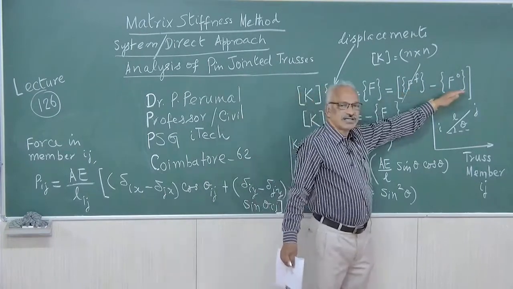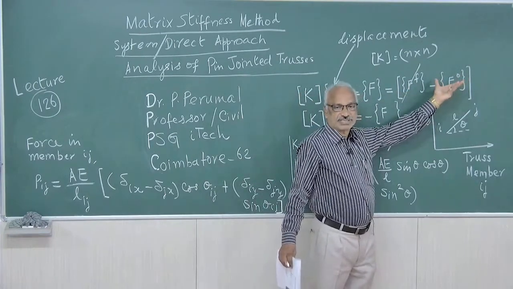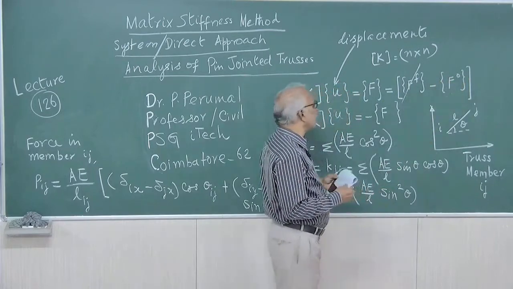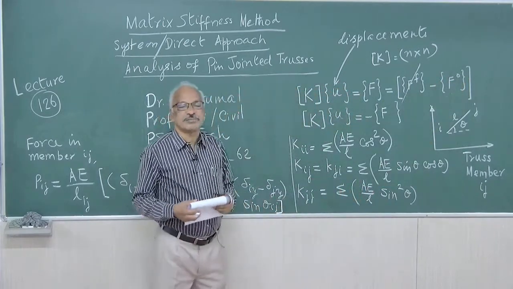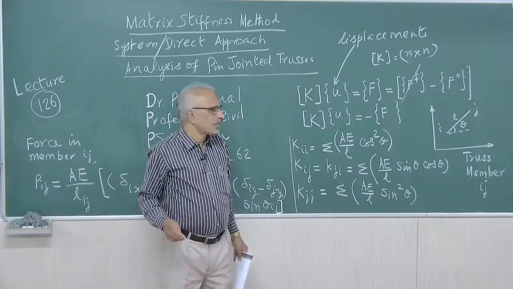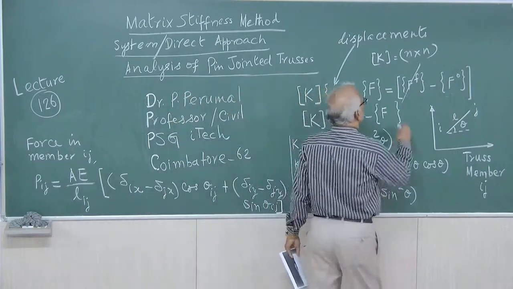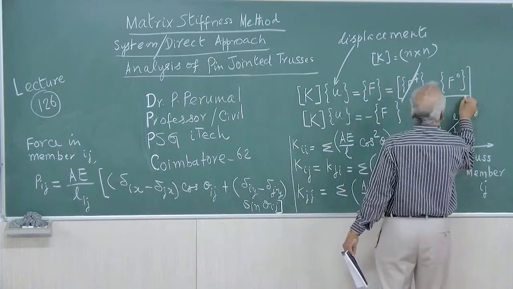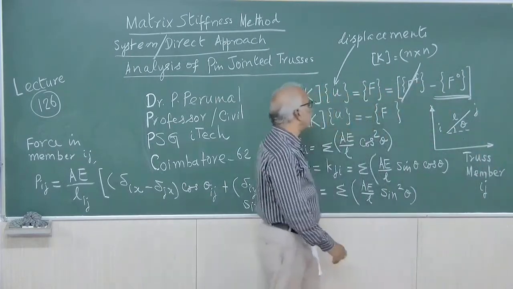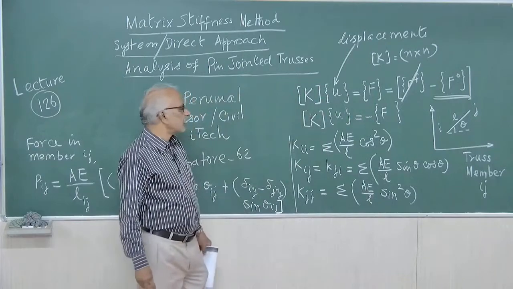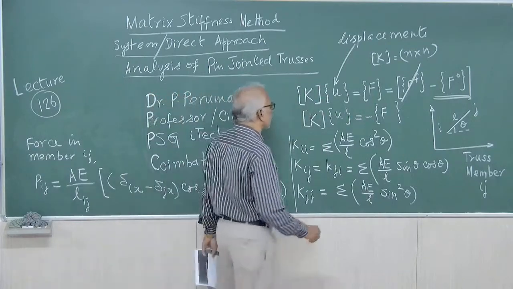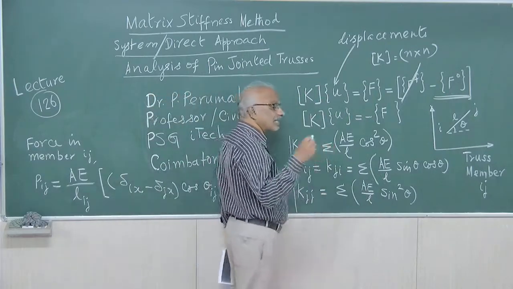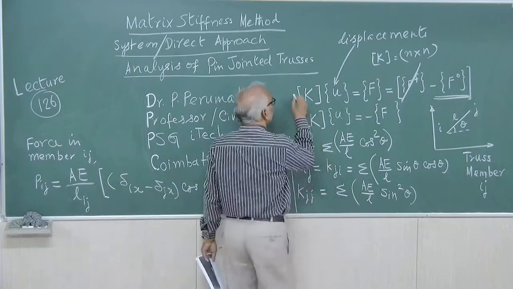F naught is due to the fixed end moments. Here we are going to deal with truss members, axially loaded members. Therefore, we are not going to bother about F_f. We are going to consider only the second term.